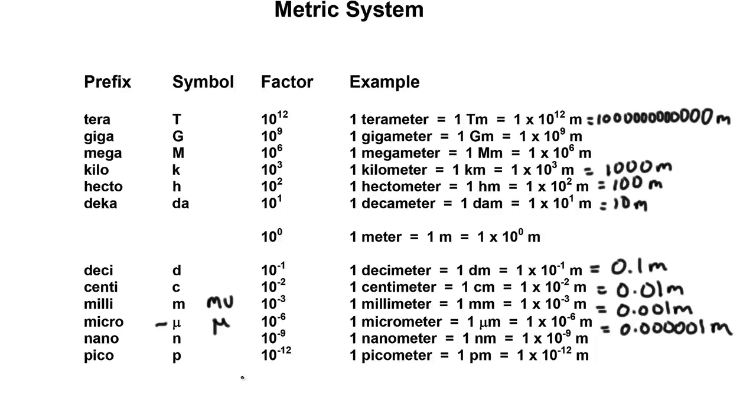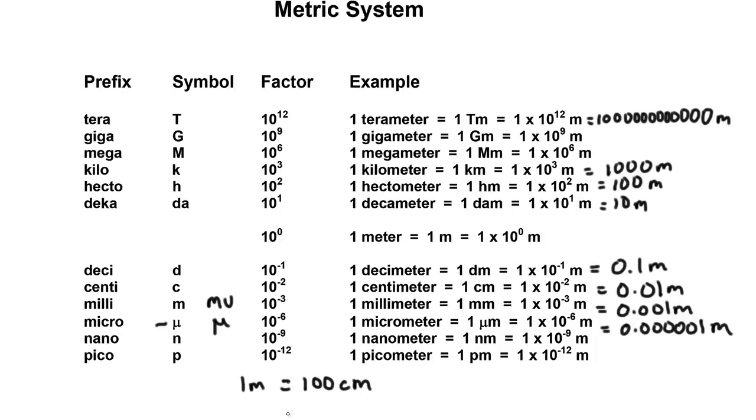If I said you had 1 meter and I asked you how many centimeters is that, you would look on here and say, well, 1 centimeter is 100th of a meter. So 100 centimeters is equivalent to 1 meter. If I have 1 meter, I'd have to have 100 of those centimeters to get a meter.